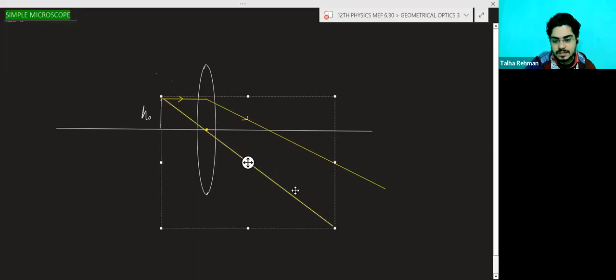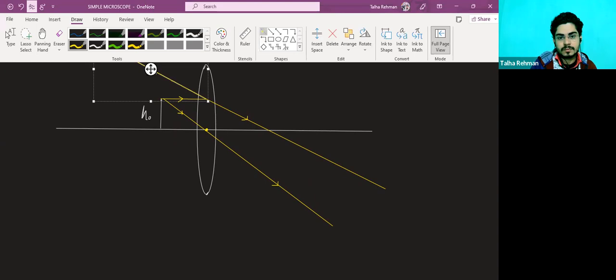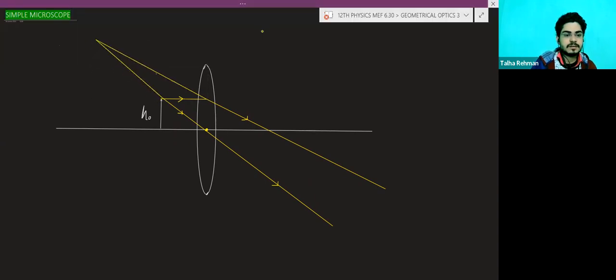So both the refracted rays, you can see here, are getting diverged, and diverging rays will never meet. So what we will do, we will just extend these rays in the backward direction, and where these rays meet in the backward direction, that will be the image. Somewhere here these rays are meeting.